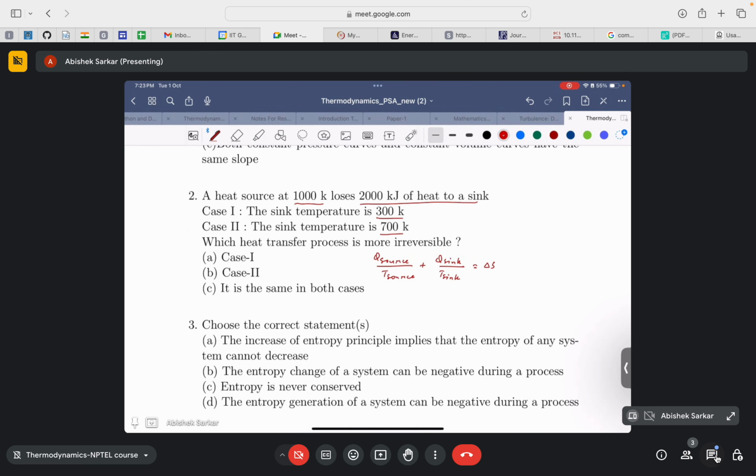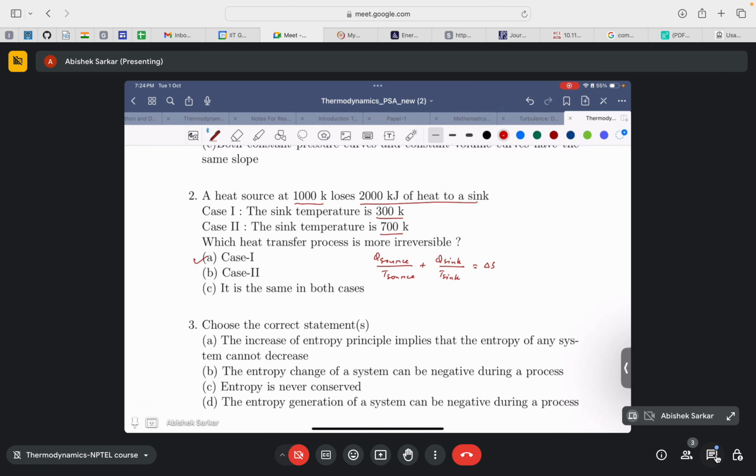So there are two ways to solve this. So you are saying case 2 is more irreversible, right? Oh, case 2 is more reversible. Okay, now that's correct. So you are saying the answer is A, right? Correct? Okay. So yeah, that's the case.